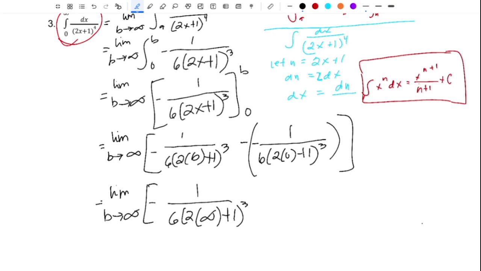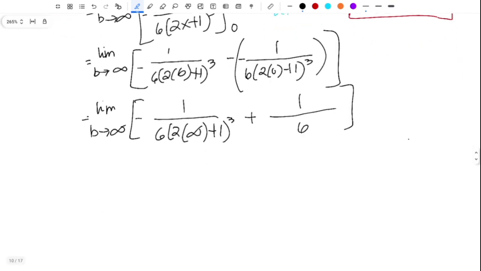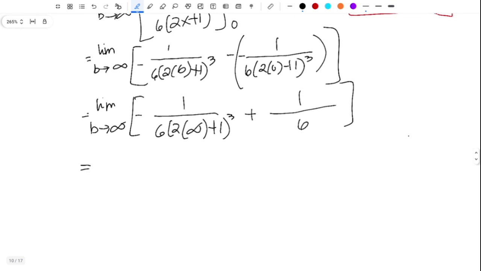Let's distribute the sign: negative times negative gives positive, so we get positive 1 over 6 times (2 times 0 plus 1), then 1 raised to 3 is 1, so we have 1 over 6.